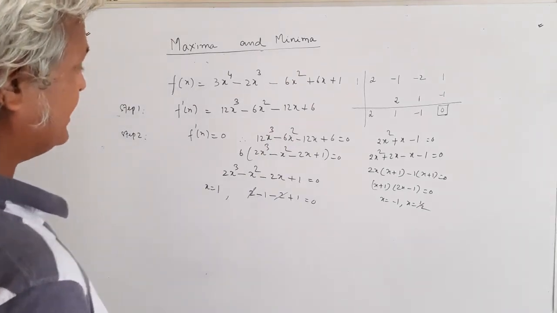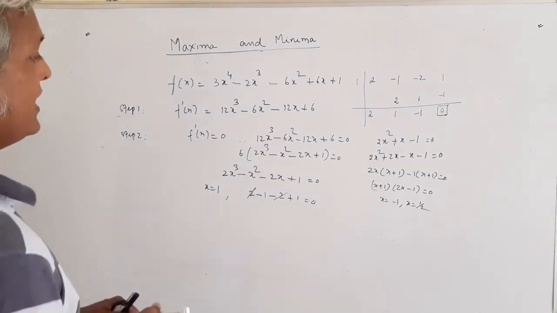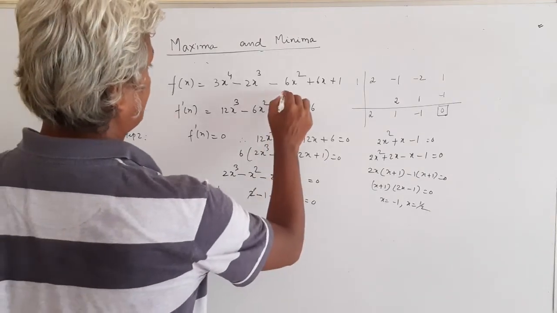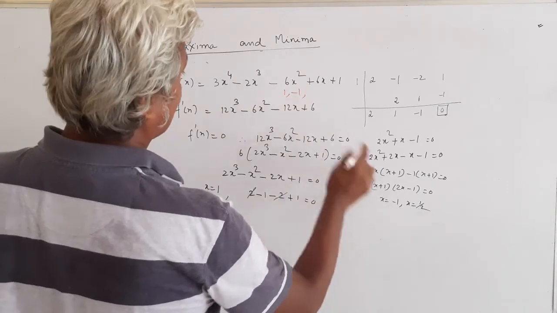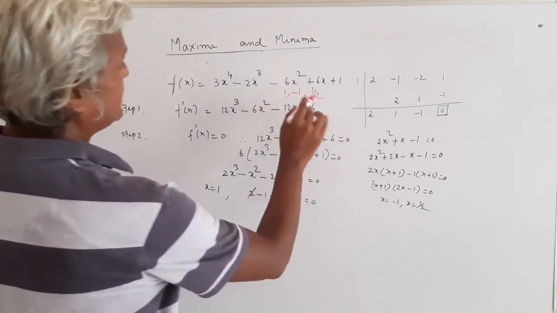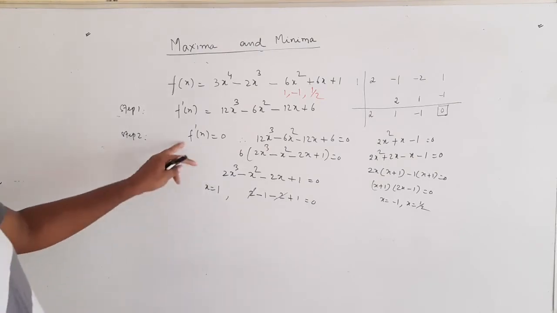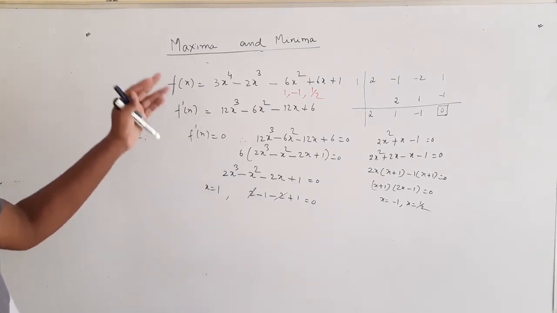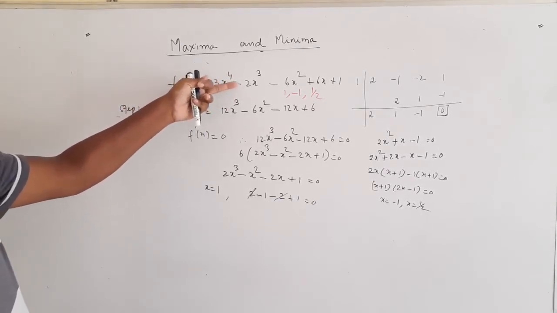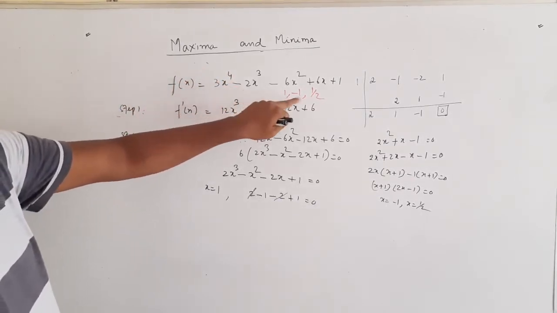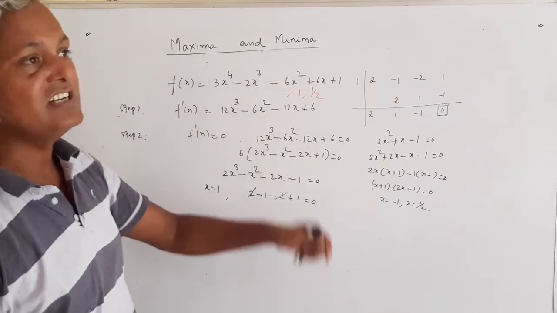So here we are getting the 3 values: 1 here, minus 1 here, and then half here. So these are the 3 critical values at which the differentiation of the function is 0, or the slope of the graph of this function at the points 1, minus 1 and half is all 0. These are our critical values or stationary points.